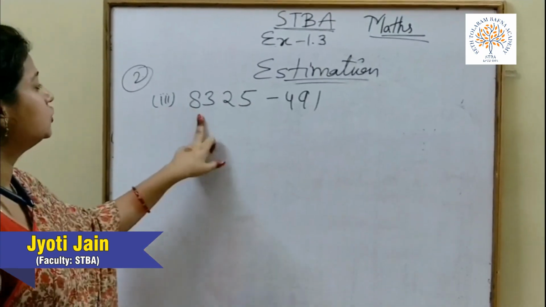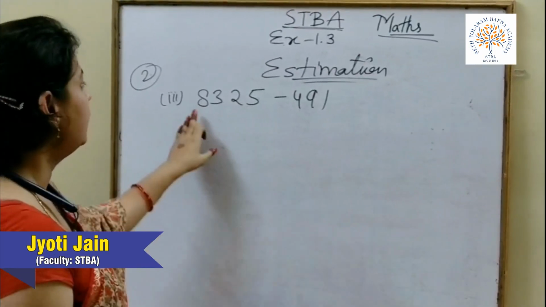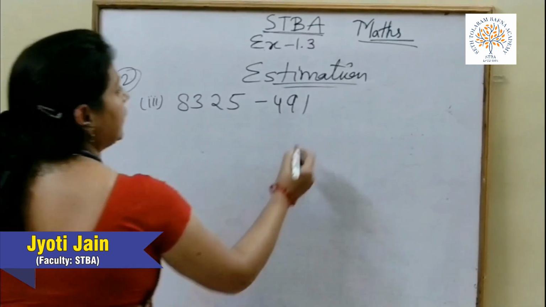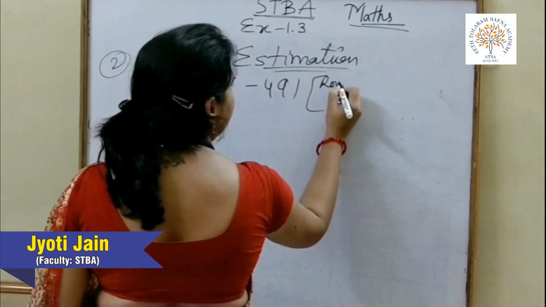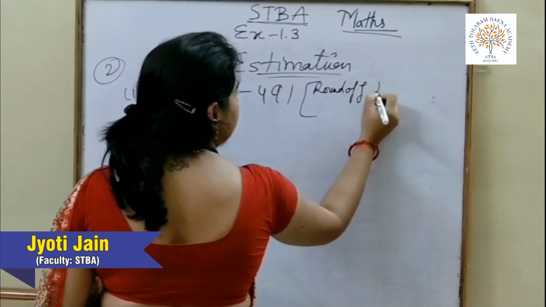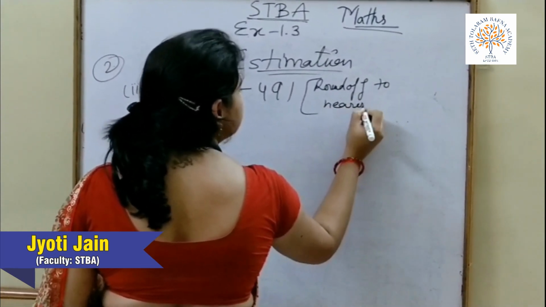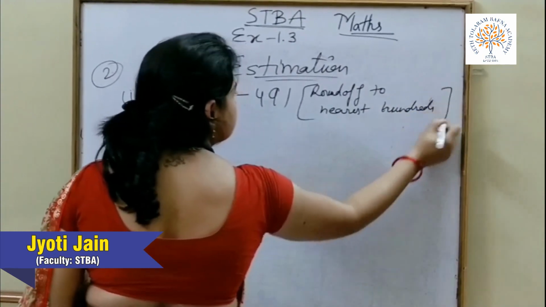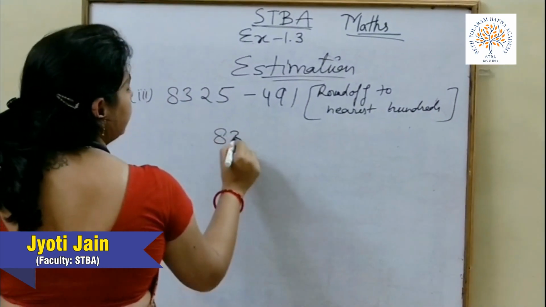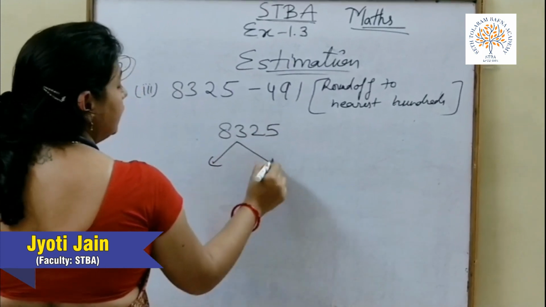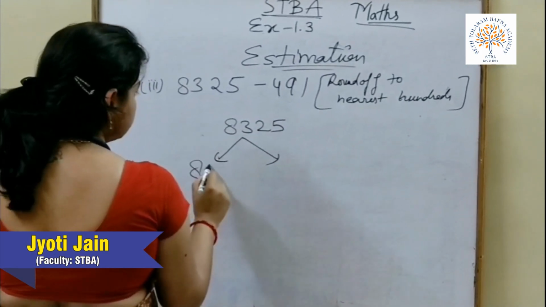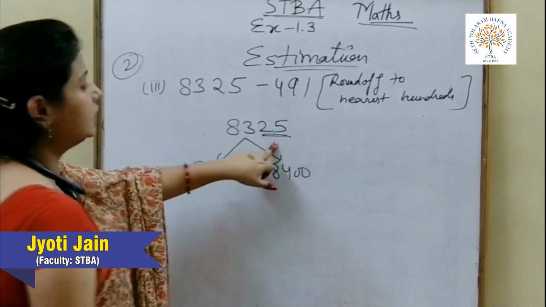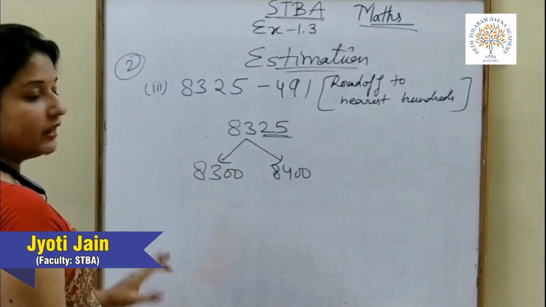And this is the third question, again related to subtraction. 8,325 minus 491. Again we have to round off to the nearest 100. So 8,325: the nearest hundreds are 8,300 and 8,400, and the last two digits here are 25, which is less than 50.